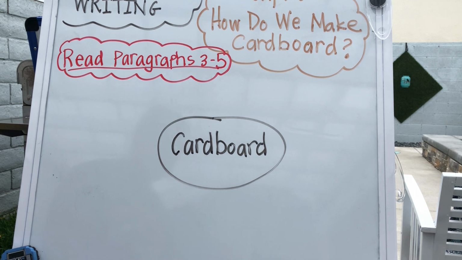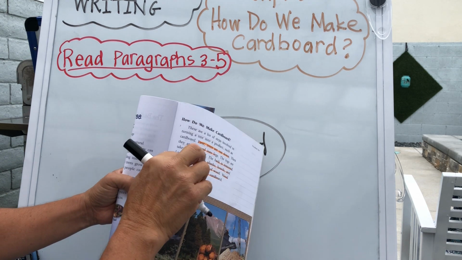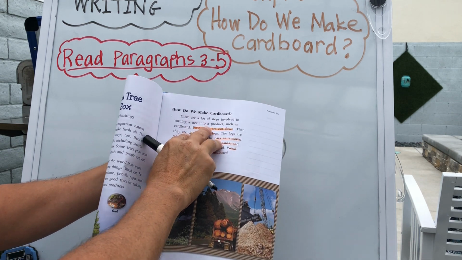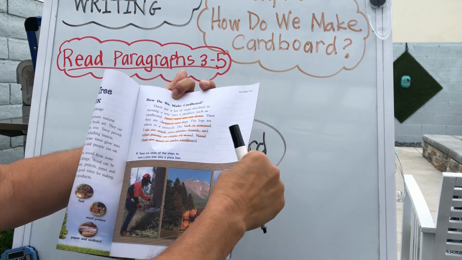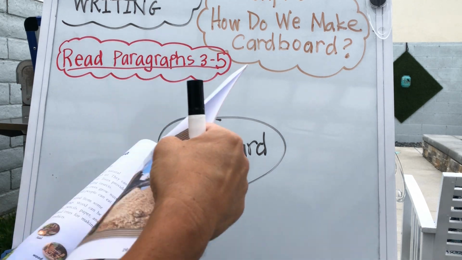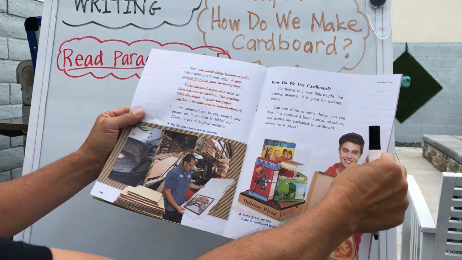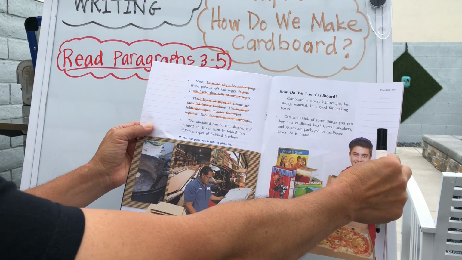Okay, so the first thing that I underlined was this. See here where it says, how do we make cardboard? Okay, so I read all of paragraph 3. And you can see I highlighted some ideas. Then I read all of paragraph 4 and all of paragraph 5.